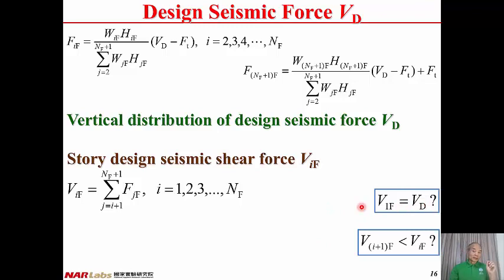That is, is the design seismic shear force at the first floor equal to design seismic force VD? That's my first question. The second question is, is Vi plus 1 F always less than ViF? Is the design seismic shear force of the floor above always less than the current floor? That's my second question.